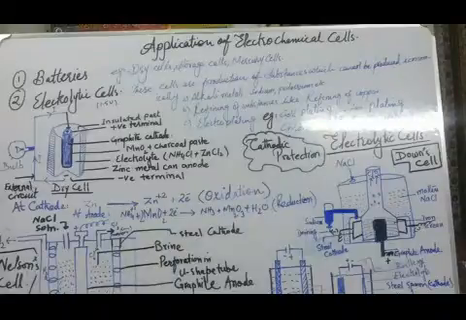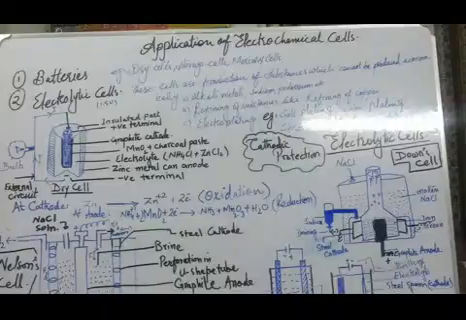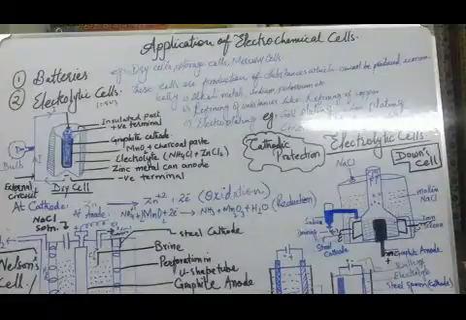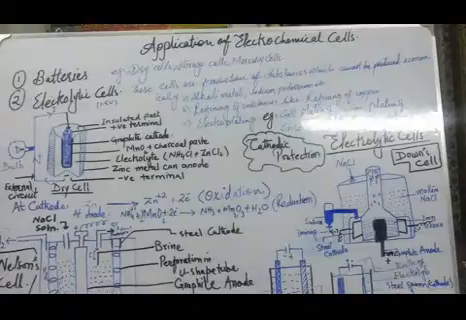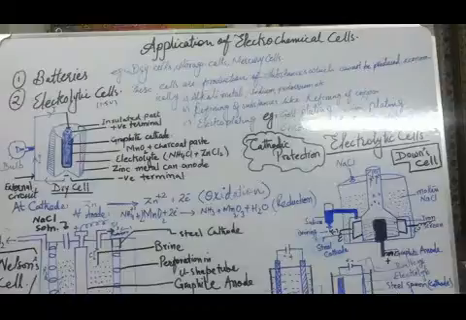Now see another electrolytic cell, that is the Nelson cell. The structure of the cathode of Nelson cells is different from the Downs cells. In the Nelson cell, we produce caustic soda from the brine, which is a concentrated sodium hydroxide solution.